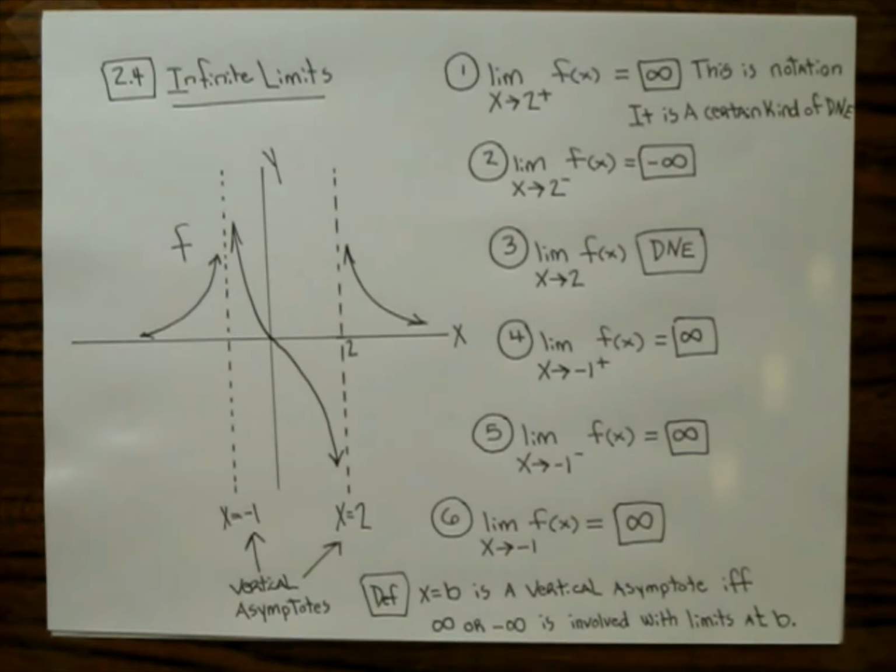The if and only if means: if x equals b is a vertical asymptote, then infinity or negative infinity are involved with limits at b. And it also means if infinity or negative infinity are involved with limits at b, then x equals b is a vertical asymptote.